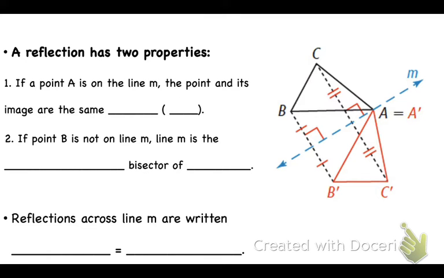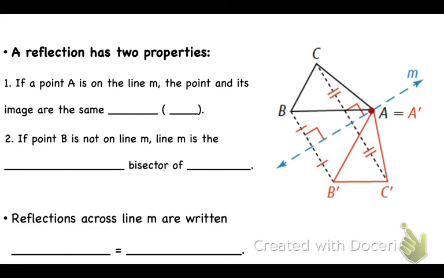Okay, a reflection has two properties. If a point A is on line M, so line M, you see line M on here? Okay, and do you see point A, which is right here? Is it on the line of reflection? M is my line of reflection. Is point A on the line of reflection?